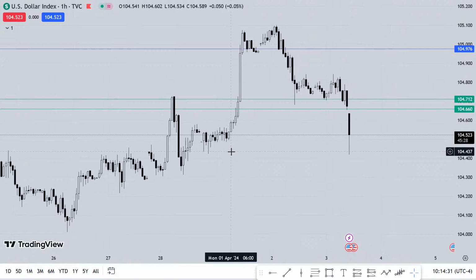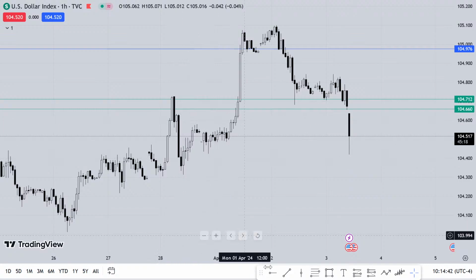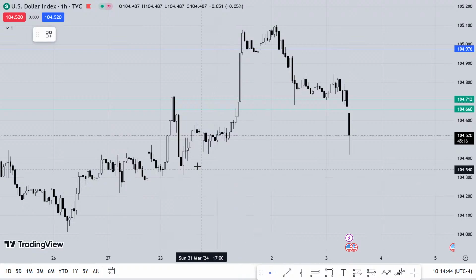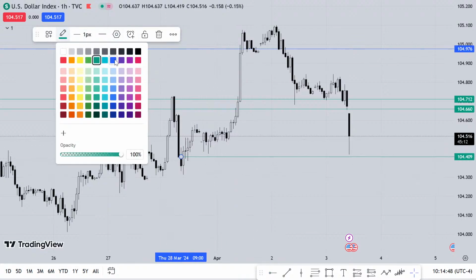So what it did was that price left a bullish order block here on the 1 hour. So we're currently looking at this 1 hour bullish order block.